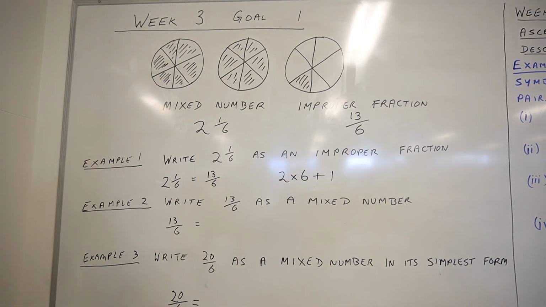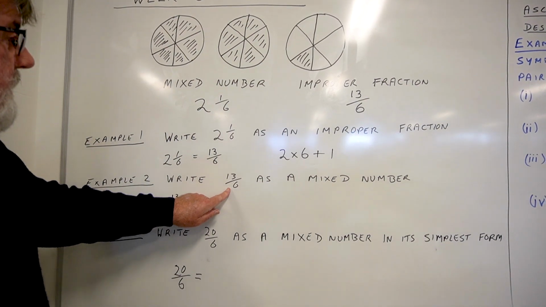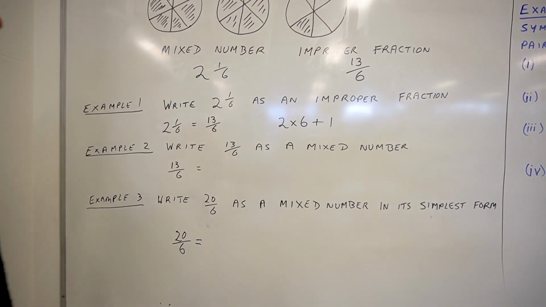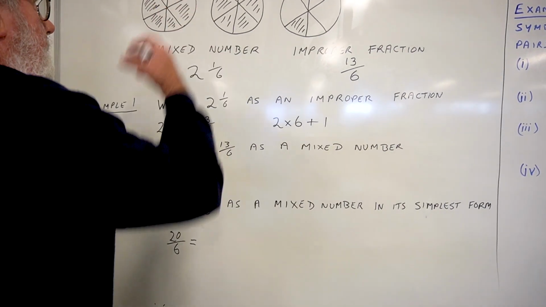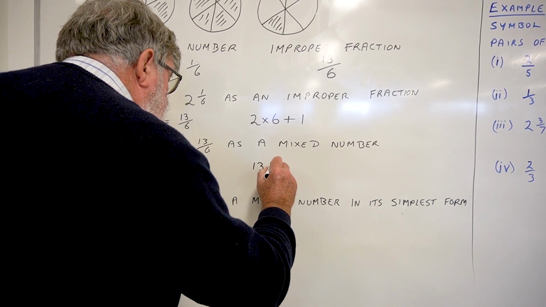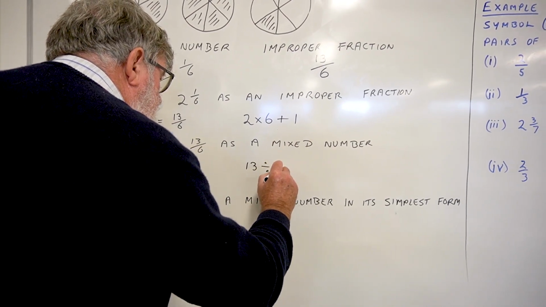The second example is to go back the other way, write 13/6 as a mixed number. The first thing you have to work out is, well, how many whole pizzas do I have? To do that, you need to do 13 divided by 6.